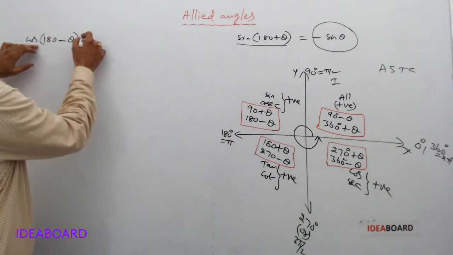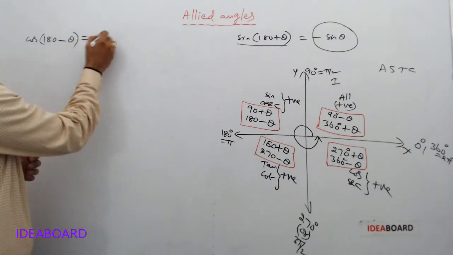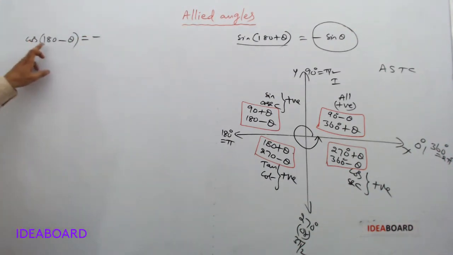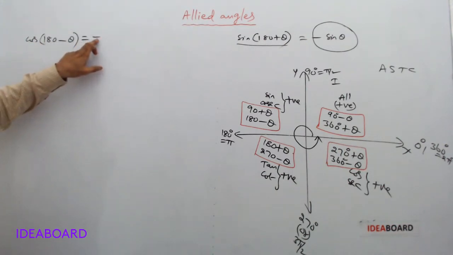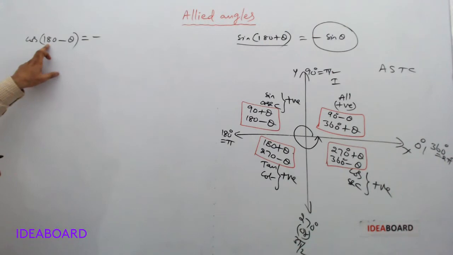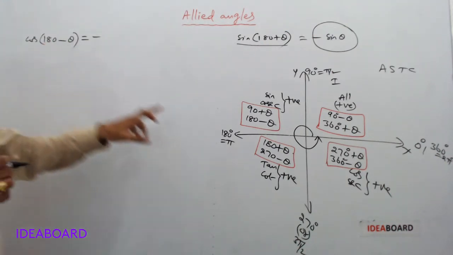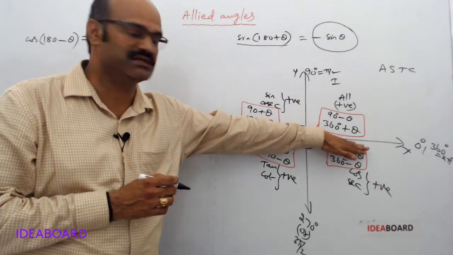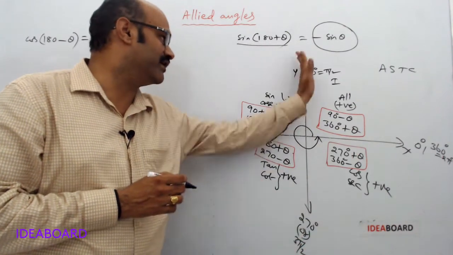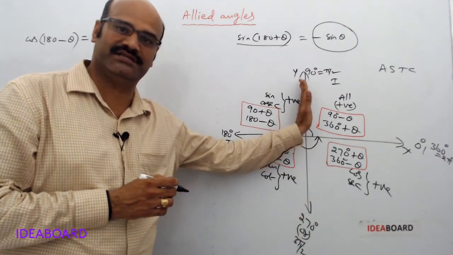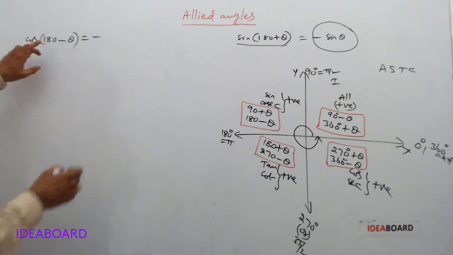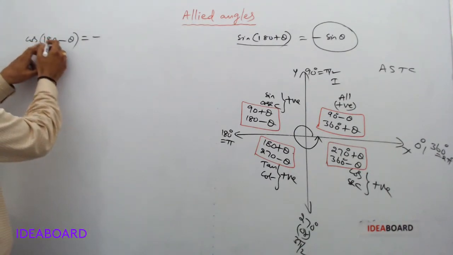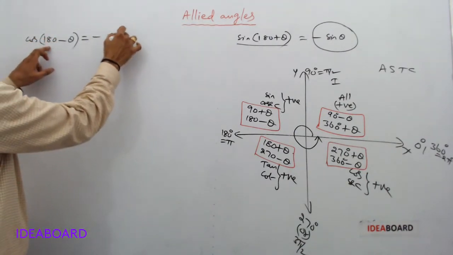So here we have to write minus. Wherever you have 180 plus or minus theta and 360 plus or minus theta, 180 and 360 are lying on the horizontal line, so I told you there is no change. 90 and 270 are on the vertical line, so there will be a change. So here 180 means no change. Cos becomes cos only, minus cos theta.